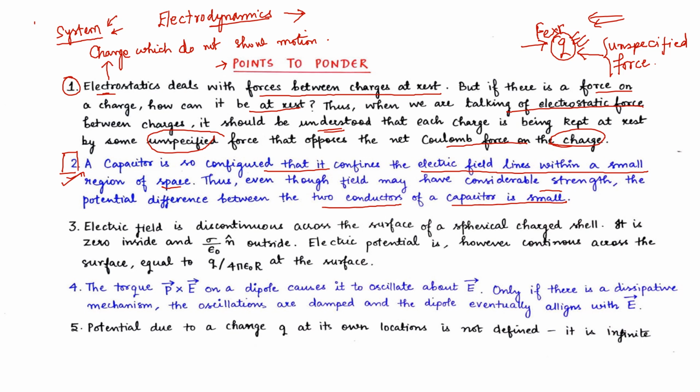Our capacitors are basically only this much. You might have seen dal. The size of arhar dal is equal to the size of a 1 microfarad capacitor, and that capacitor has two wires. One is connected to the positive end, the other to the negative end of the battery.